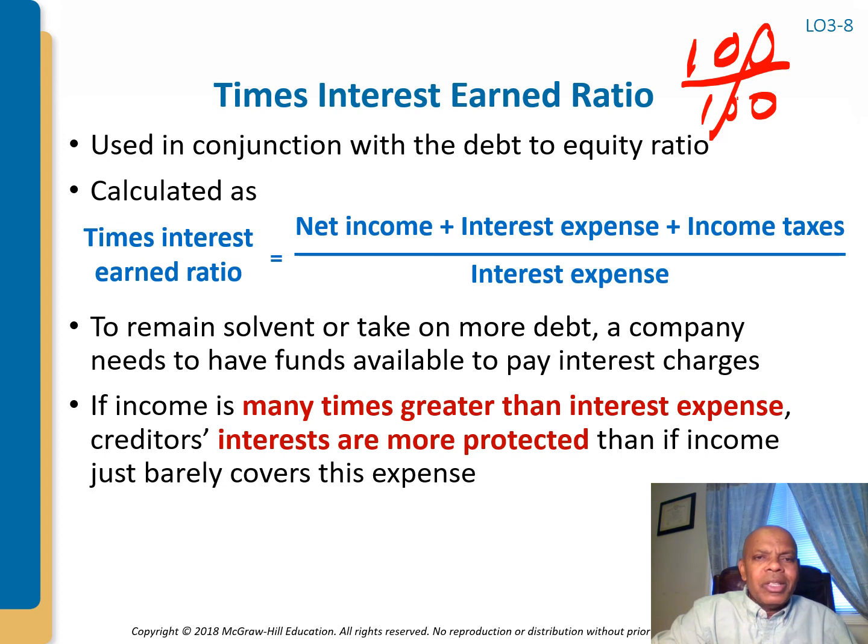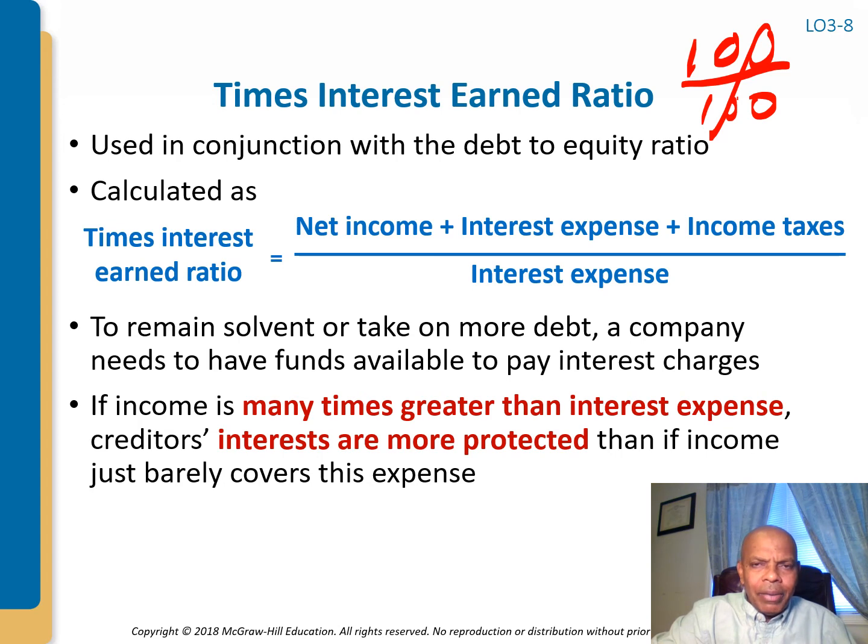To remain solvent or take on more debt, a company needs to have funds available to pay interest charges, right? If you're going to borrow more money than what you have now, the lenders, the banks, are going to look at your finances, look at this information. Interest earned ratio, what is the ratio?